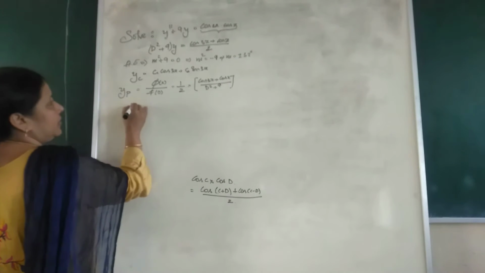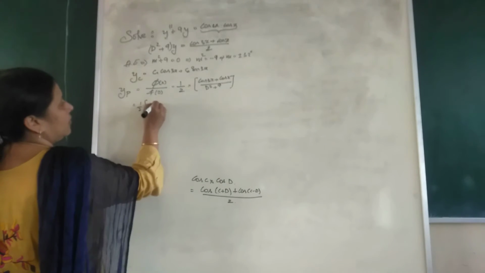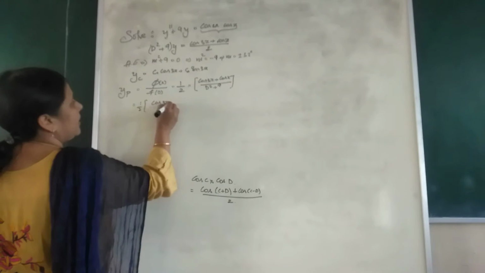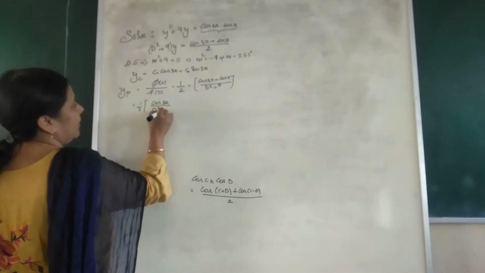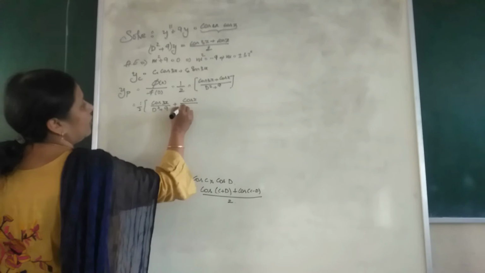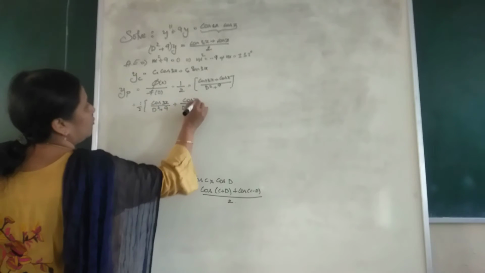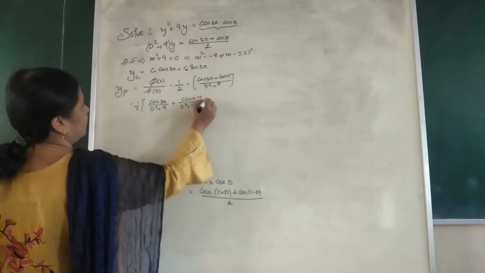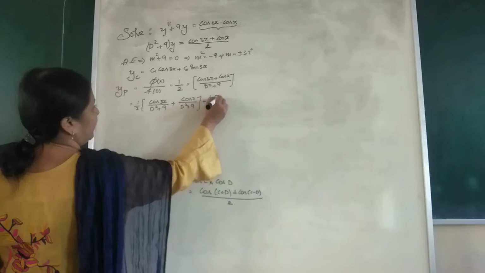We have to separate it into two functions because the coefficients of x are not the same. If they are the same, we can do it as one function. When they are not the same, you have to split them and find the particular integral in both cases separately. So you can consider P1 and P2. So this is half times (P1 plus P2).